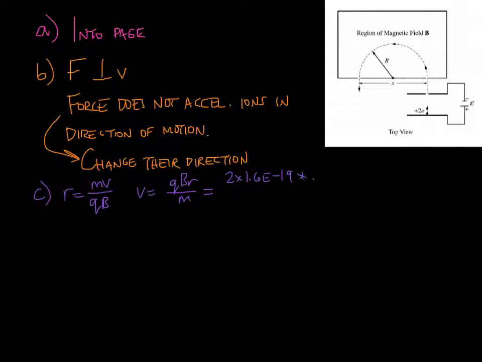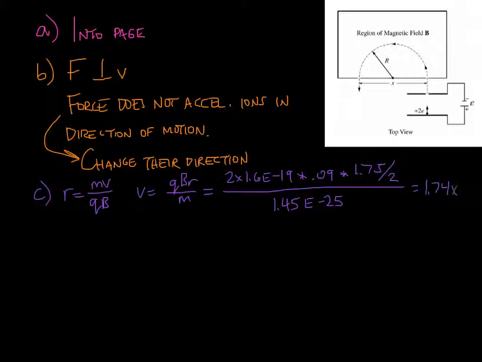The magnetic field is 0.09, and the radius is half of the total distance x, so 1.75 divided by 2, and all of that is divided by the mass of the strontium ions, given in the problem as 1.45 times 10 to the negative 25. When you plug all that in, you get a speed of approximately 1.74 times 10 to the 5th meters per second.